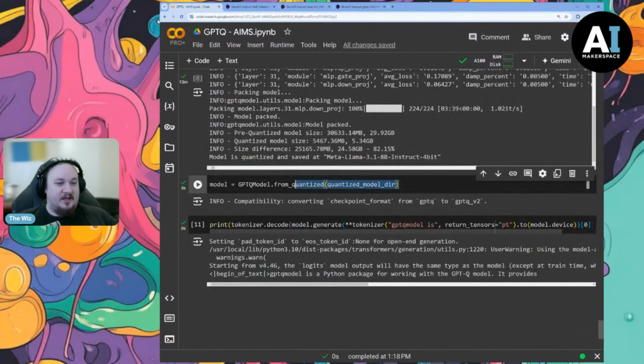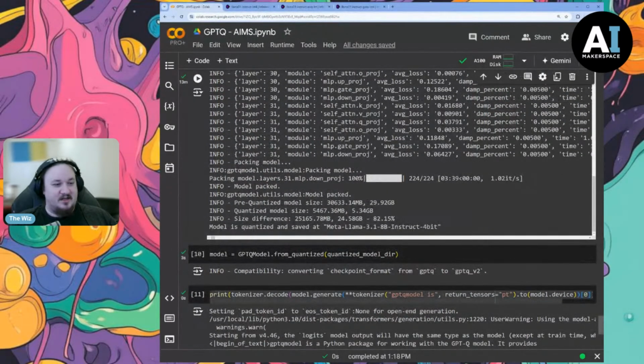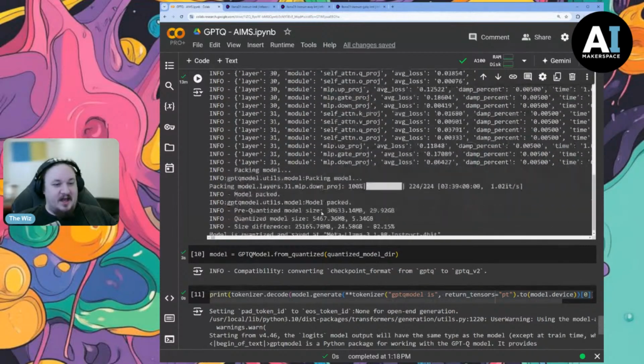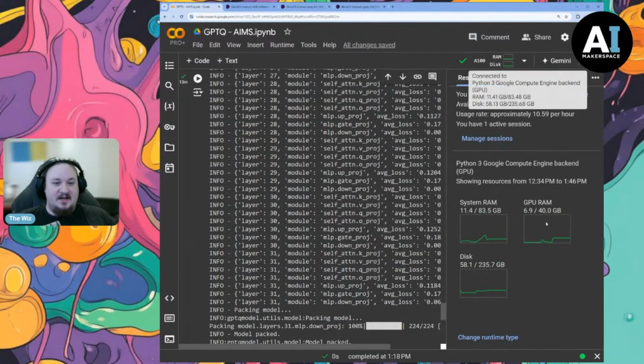And then we can load it up and we can do generation with it, and that's always a good time. But you'll notice that this is a massive reduction, right? From 30 gigs to under 6 gigs is huge, though it does take 13 minutes. This was done on a Colab instance.